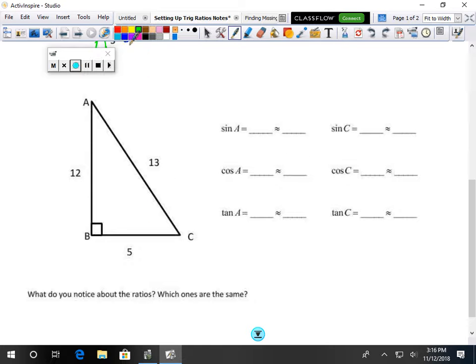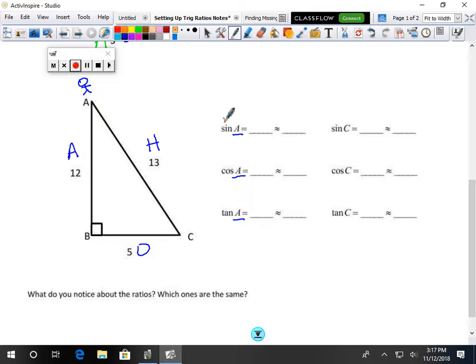Okay, so doing another example here. Again, I'm going to look at angle A first. If I'm standing up here at angle A, opposite would be 5, adjacent would be 12, and the hypotenuse is always across from the right angle, so that would be 13.